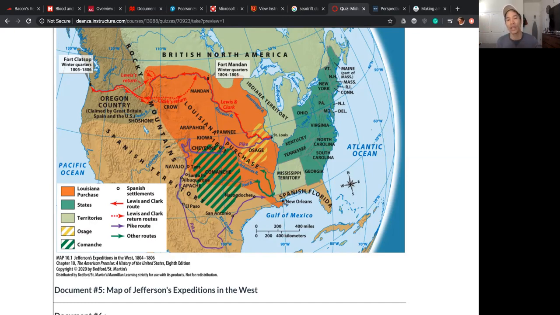But do you understand why this map is significant in terms of this time period and in terms of how it represents America as a nation of inconsistency? Because you might want to think about the Louisiana Purchase, and you might want to think about who lived out in the Louisiana Territory.